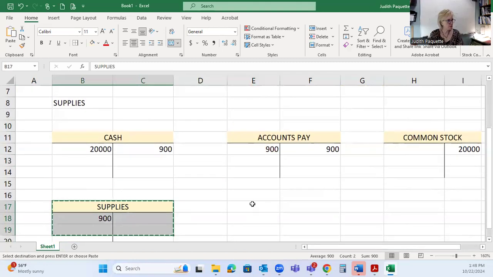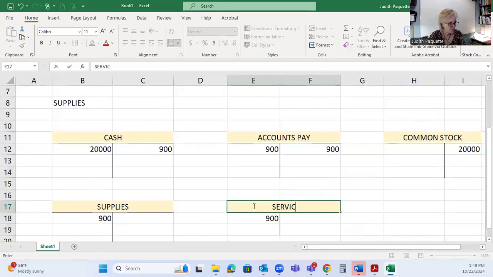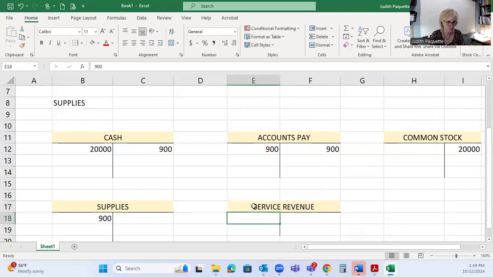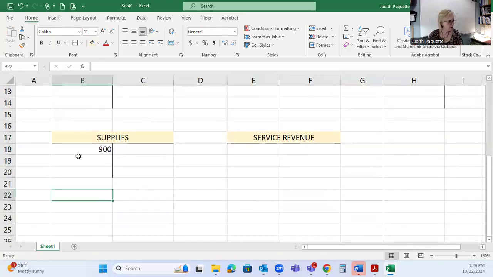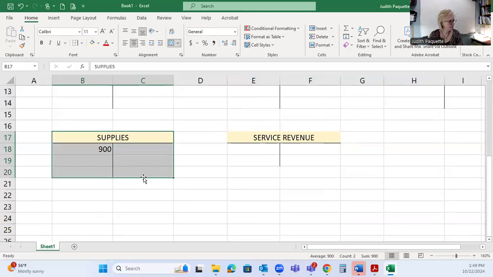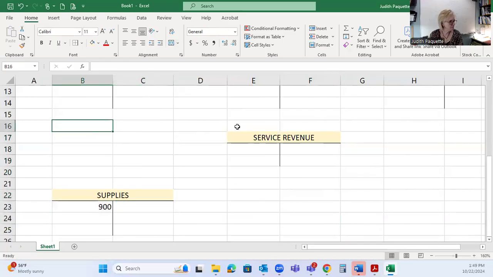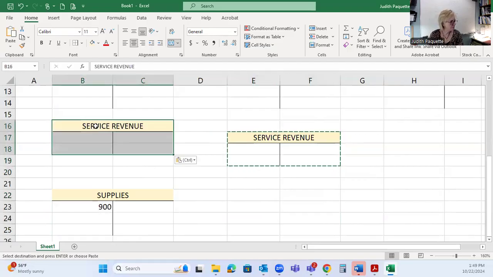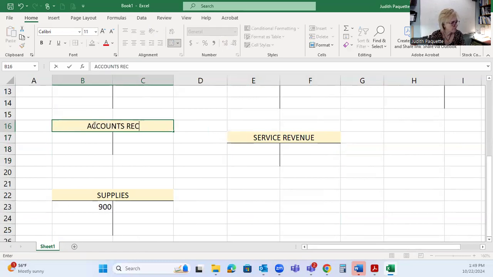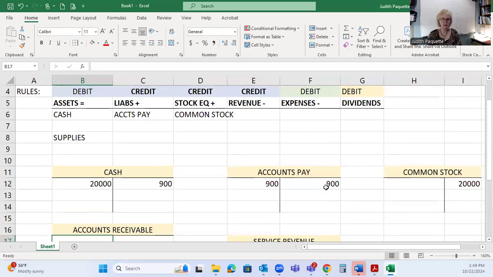I'm going to put a revenue account in here, service revenue. Okay, so now I'm gonna do one more account. I'll move this guy down. Okay, so we've gotten the accounts payable transaction.